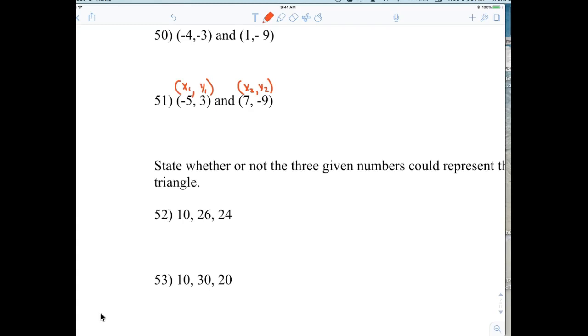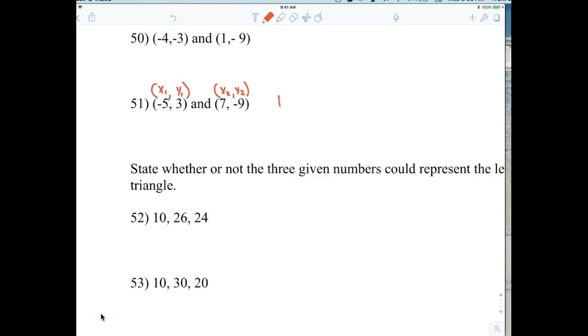So now your formula is distance is equal to the square root of, you subtract the two numbers. So it's going to be 7 minus, and then what? 7 minus a negative 5. Yes, so just put 7 plus 5 squared plus negative 9 minus 3 squared.